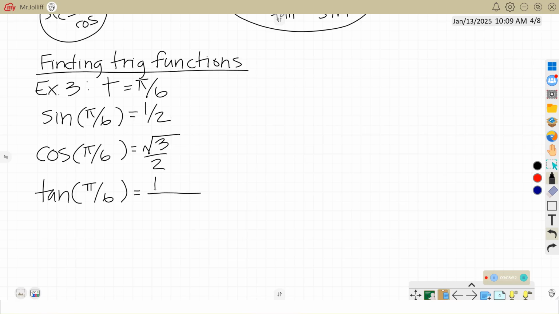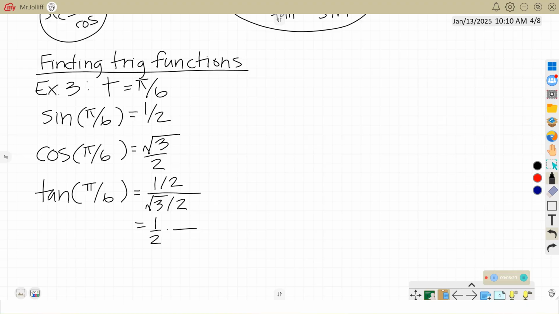So sine is 1/2. Cosine is root 3 over 2. We change that to a multiplication problem. So numerator times reciprocal of the denominator. What does a reciprocal of a fraction look like? Flip it. Yeah, very good. We flip it.